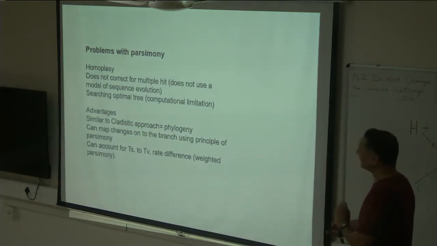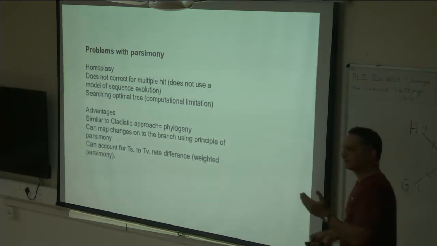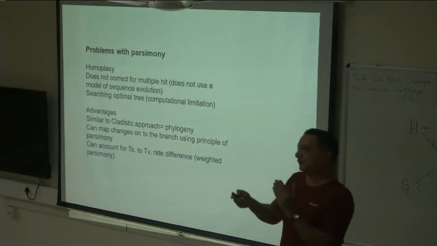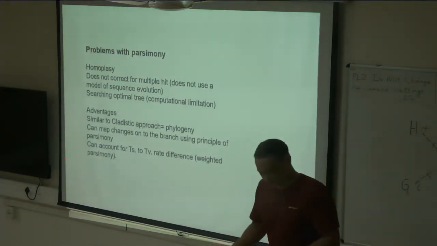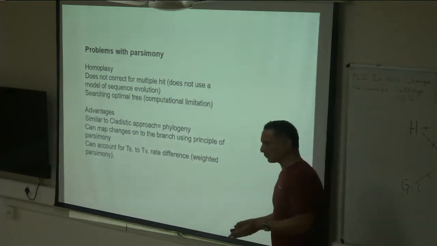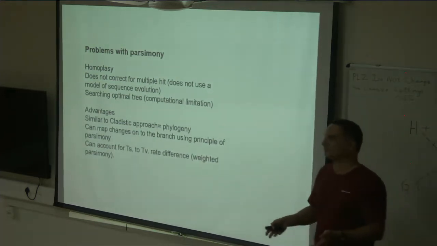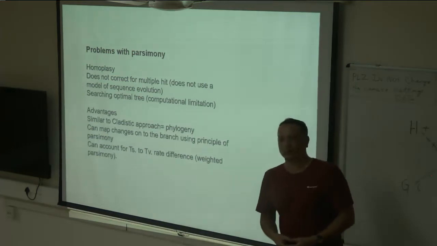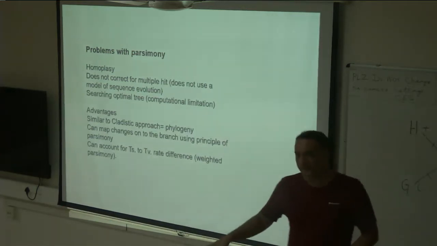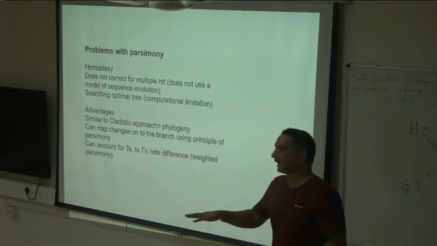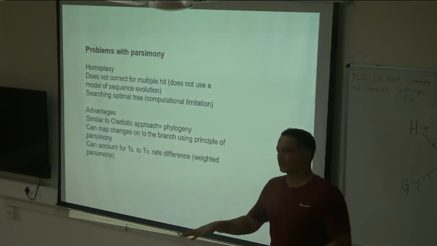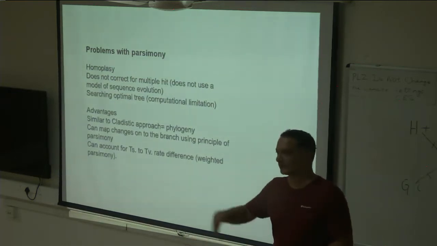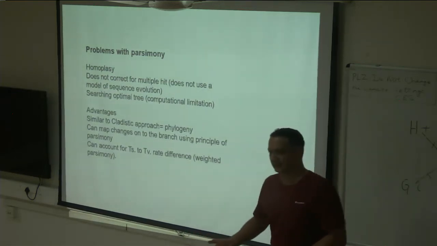Just keep that in mind. So even though parsimony is basically a cladistic approach, its popularity has gone down because it does not use a model. And the model-based tree building methods have gained prominence in the last 20 years. So now we'll move on to the model-based tree building methods.